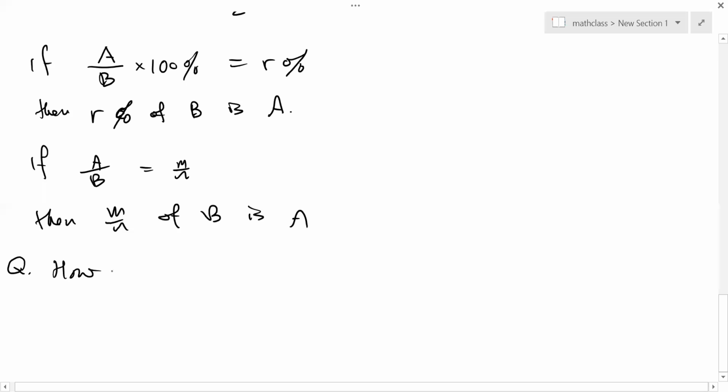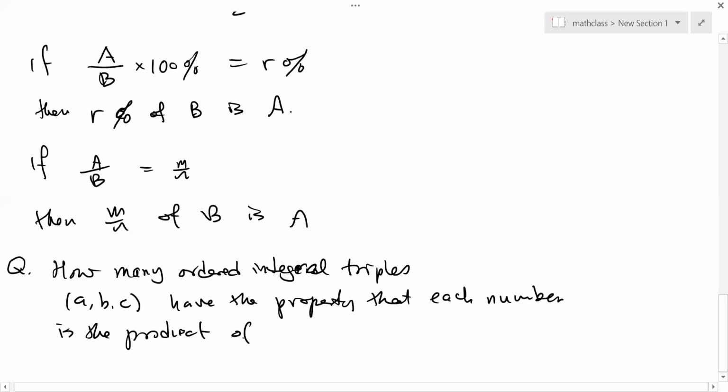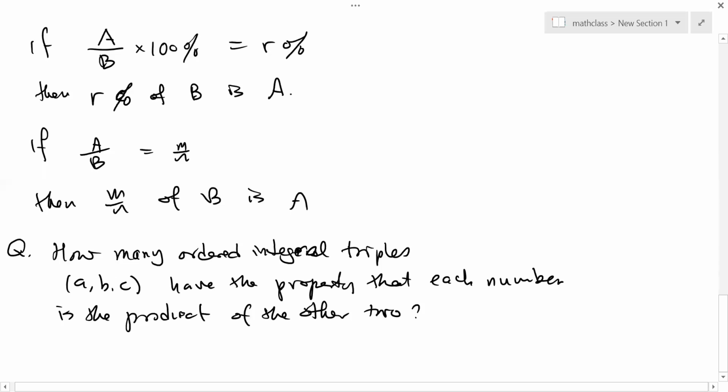So we are going to find out how many ordered integral tuples (A, B, C) have the property that each number is the product of the other two.